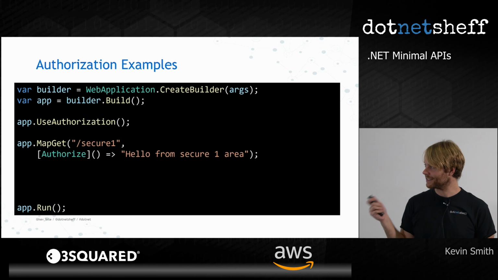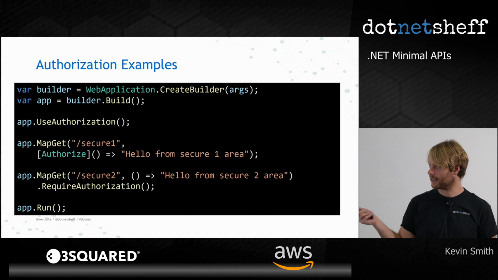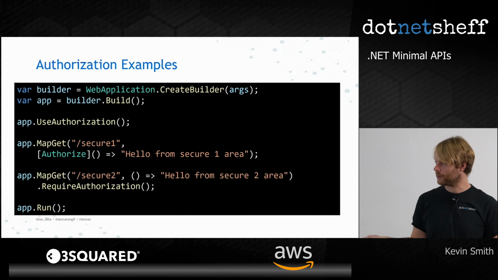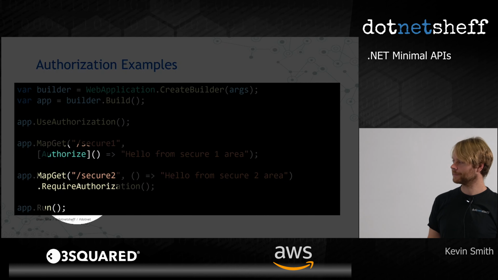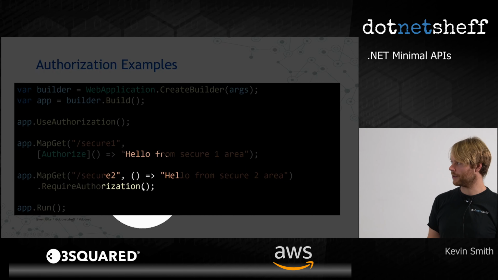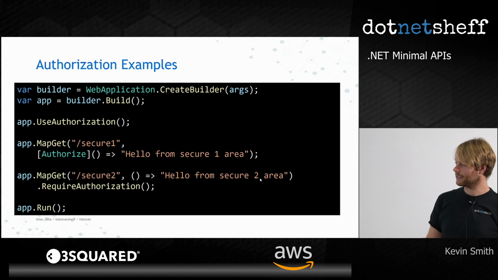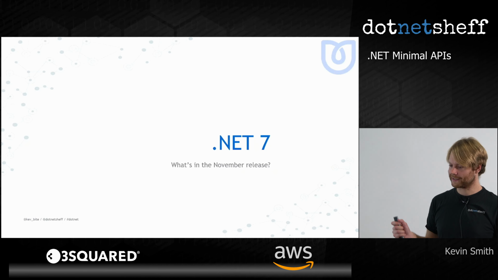But yeah, with the authorization, you can just add an Authorize attribute to it, or you can add a method chain call of RequireAuthorization. I prefer this syntax over the attribute, just because I feel like it reads a lot better. And then you'll have to be authorized to call that endpoint. So that's all the stuff in .NET 6.